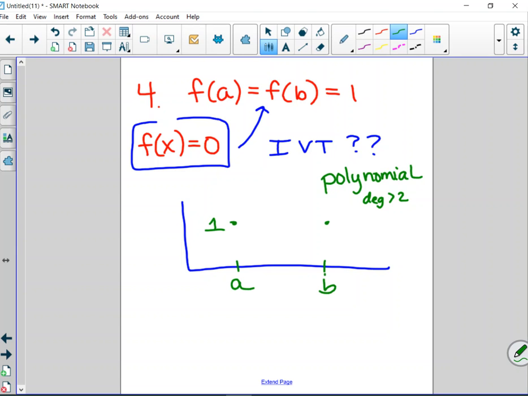Here's 1. f of A is 1. f of B is 1. One of my choices says it would have to absolutely be true that f of x is equal to 0 for x between A and B. What do you think?